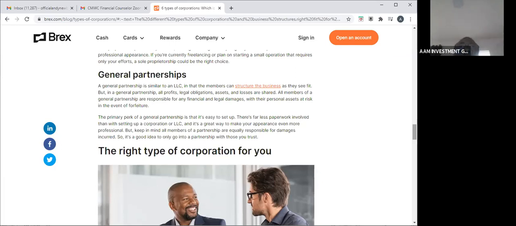You can make it a C-Corp or you can make it an LLC, but you don't want to make it an S-Corp if you want to keep your businesses separate. If it's an individual and you want to be partners with that individual, then you can bring them into your S-Corp as a partner within the S-Corp.